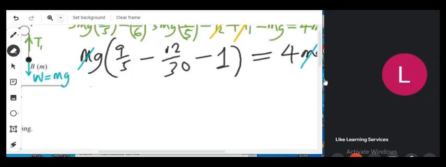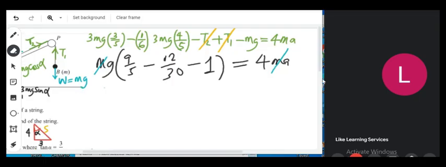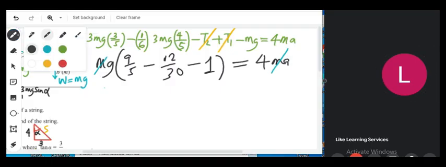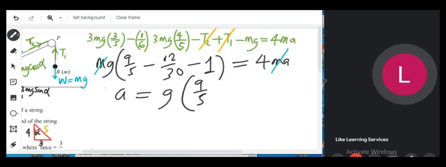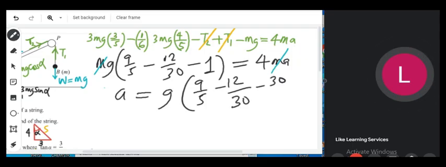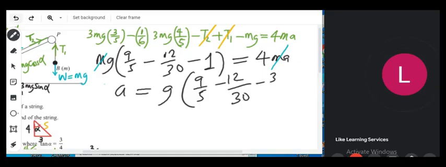Now we're looking for the acceleration a. A will be equal to g times all these: 9/5 minus 12/30 minus 1, which is 30/30, divided by 4.